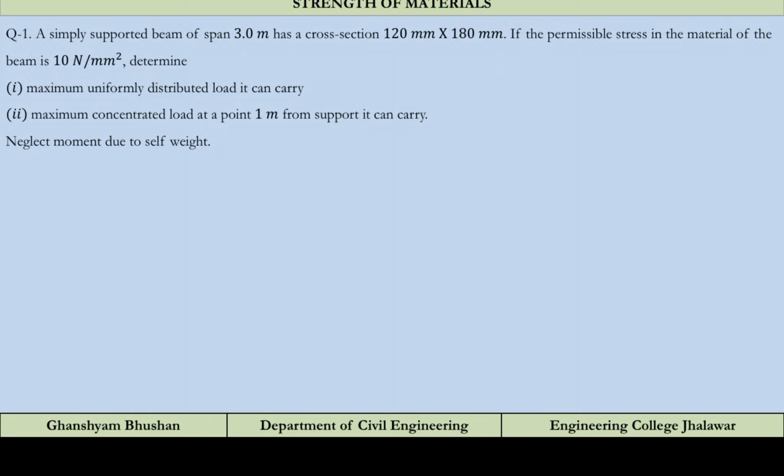By practice or experience, I am expecting that you have some idea of standard results of bending moment diagrams. So I will be directly plotting the bending moment diagram, and I will write the standard values as we have discussed in the previous chapter.